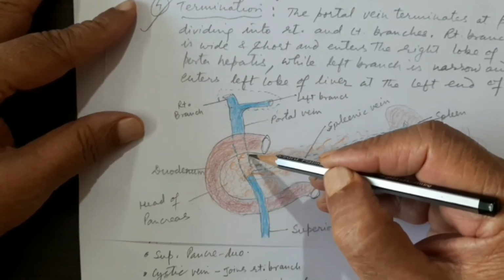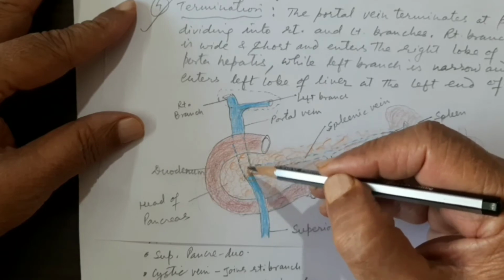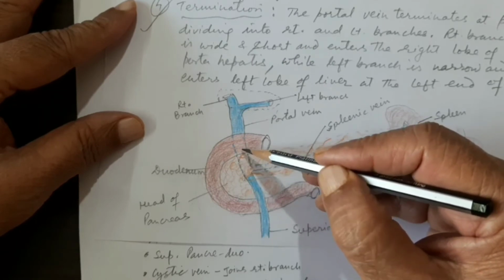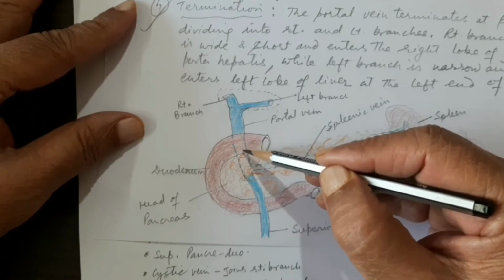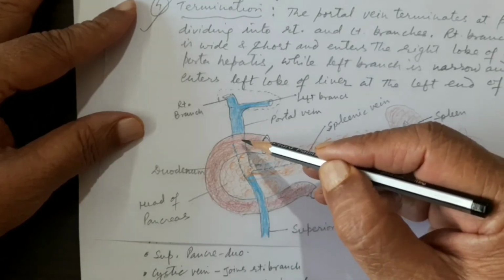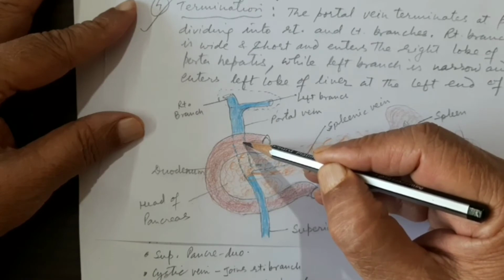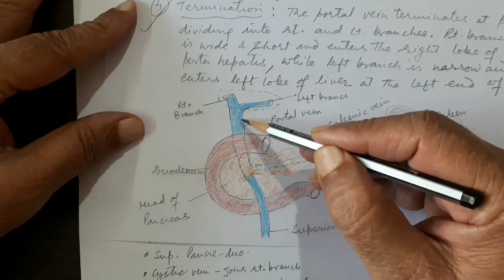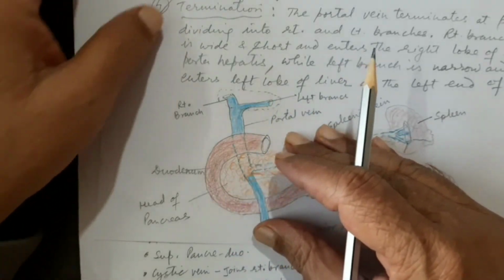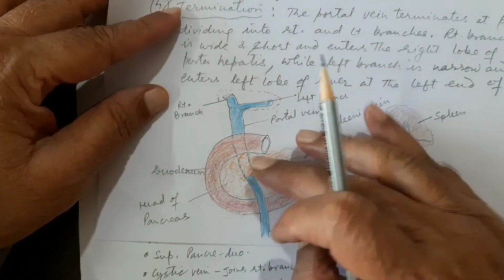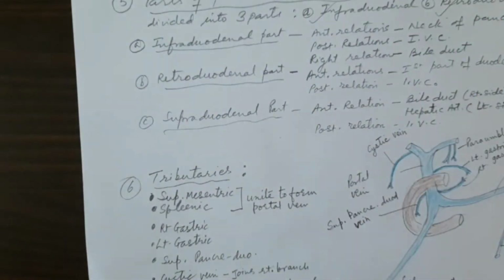It is called the infraduodenal because it is below the first part of the duodenum. Then the part of the portal vein which lies behind the first part of the duodenum is called as retroduodenal part, and the part which lies above the first part of the duodenum is called as the supraduodenal part of the portal vein.